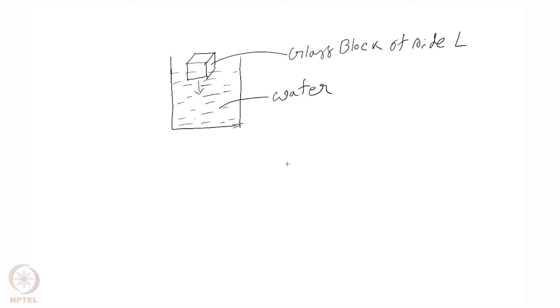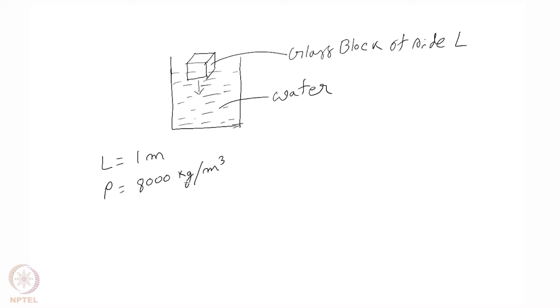Now let us first start with our known world, that is the macro world, and let us assume that L is equal to, or each side of the glass block is, 1 meter. Then we take the density of the glass as 8000 kg per meter cube.